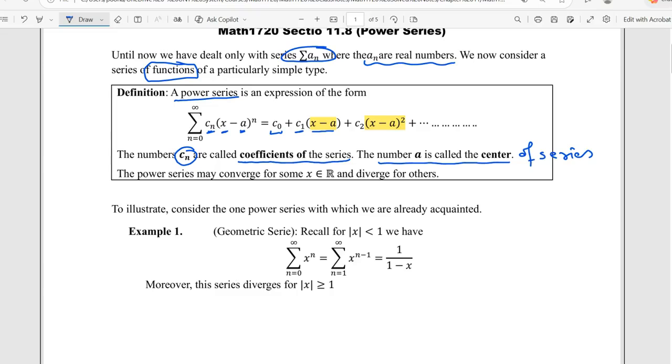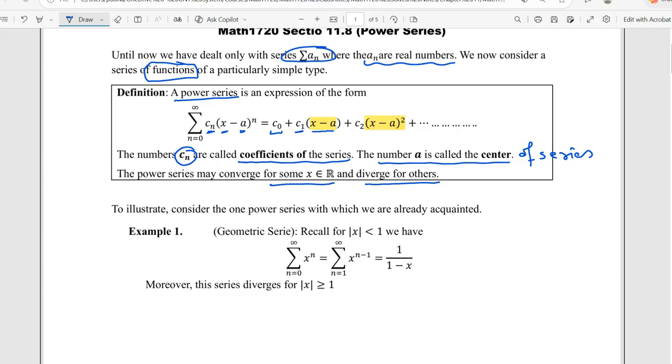The power series may converge for some x and diverge for some others. So the main goal of this chapter is to figure out for what values of x the power series is convergent and for what values of x the power series is divergent. That is our goal in this section.